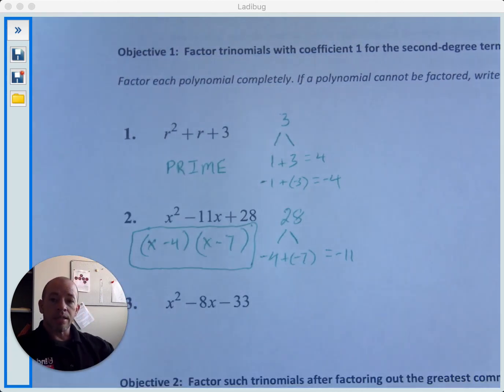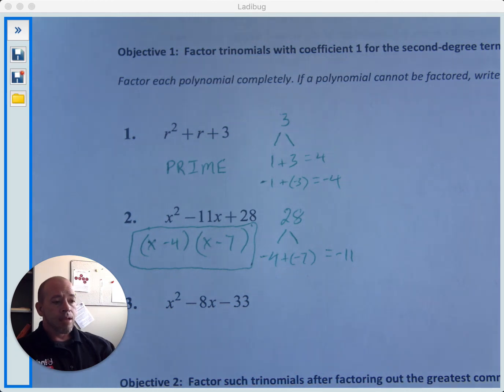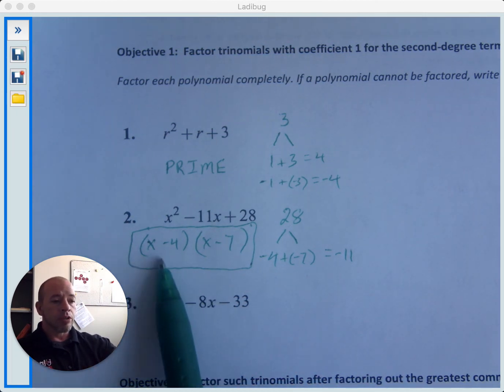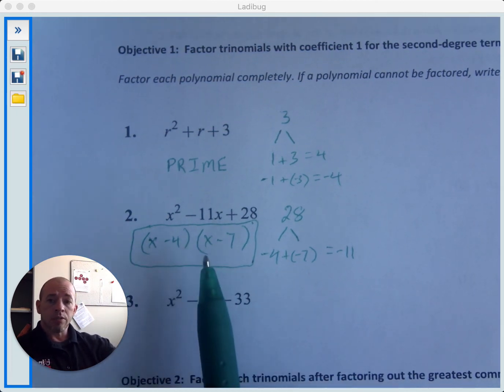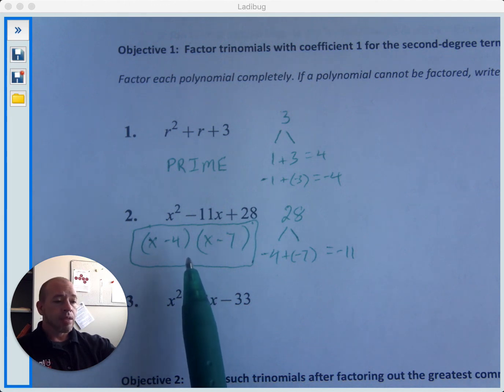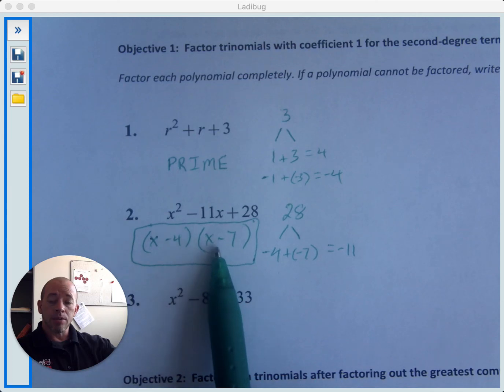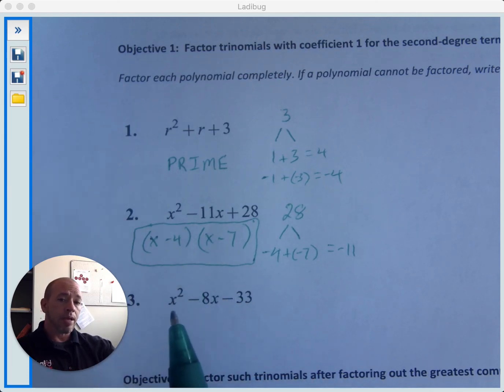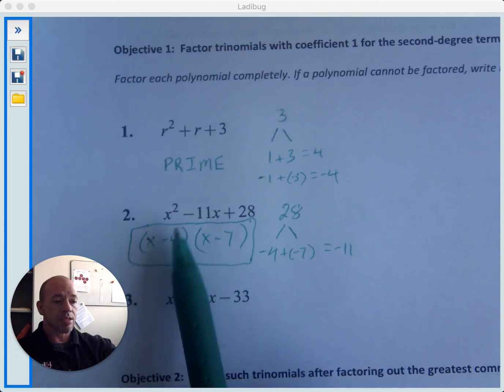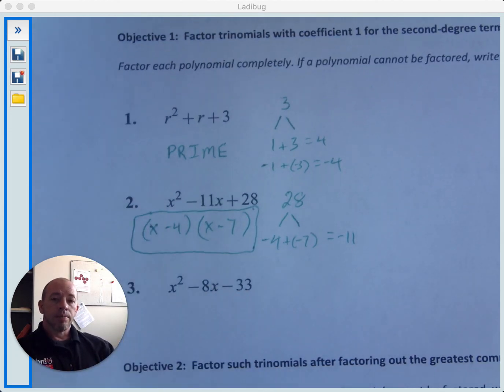Now it's not a bad idea to check to make sure this actually works, right? In order to check, we would multiply these together. Multiplication is really the opposite of factoring, so we could go backwards. If we multiply these two binomials, we could use what we call the FOIL method. A lot of you like the FOIL method, right? First times first, x times x is x squared. First, outer, inner, last, right?